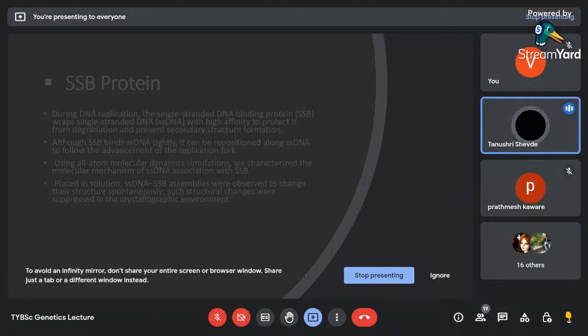advancement of the replication fork. Using all-atom molecular dynamics simulation, we characterized the molecular mechanism of single-stranded DNA associated with SSB. Placed in solution, single-stranded DNA and SSB assemblies were observed to change their structure spontaneously.